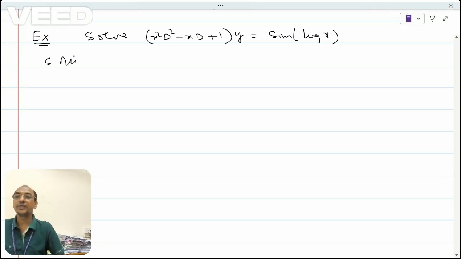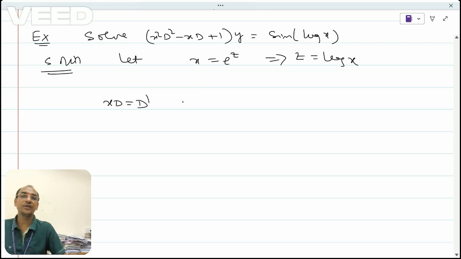So here also we can take the transformation. Let x equal to e to the power z, and so z will be nothing but log x, and because of this xD will be D dash, x square D square will be D dash into D dash minus 1.